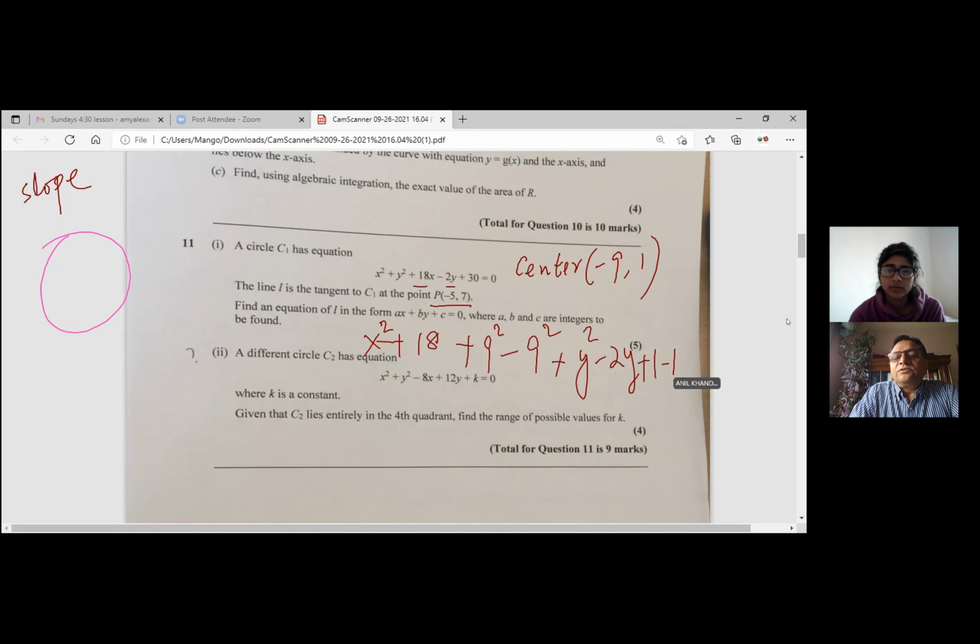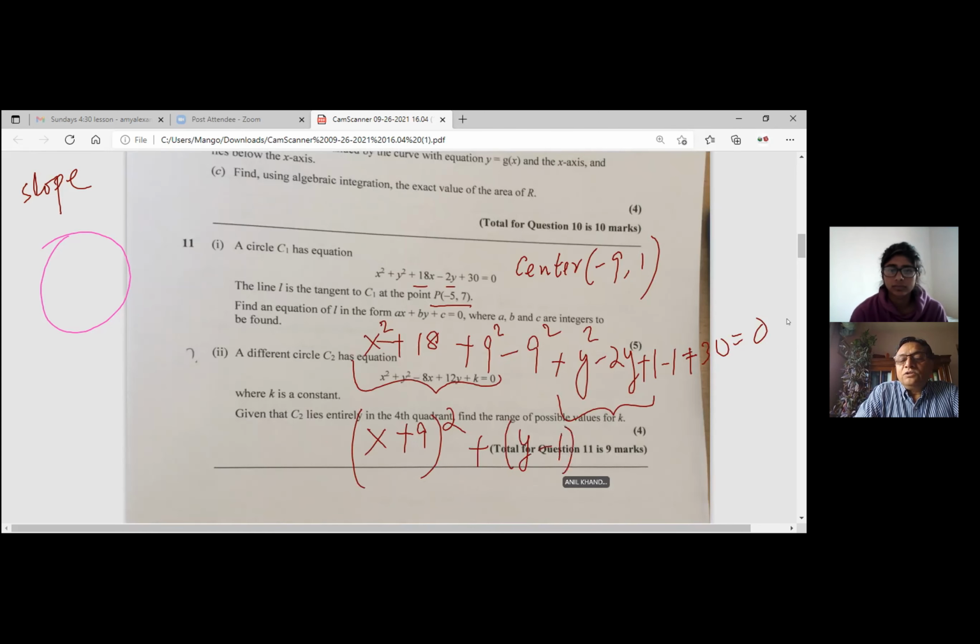And plus 30 equals 0. These three terms will give you a perfect square, which is (x plus 9) whole squared. And these three terms will give you a perfect square, which is (y minus 1) whole squared.